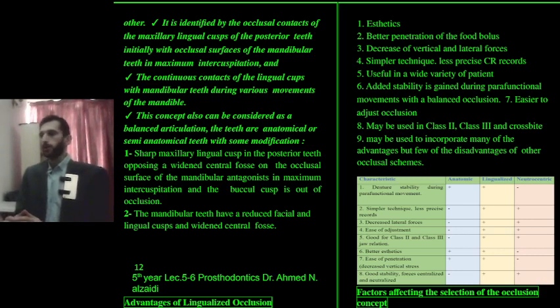Advantages of lingualized occlusion: aesthetic, better penetration of food bolus, decrease of vertical and lateral forces, simpler technique, less precise records, usually in a wider variety of patients.